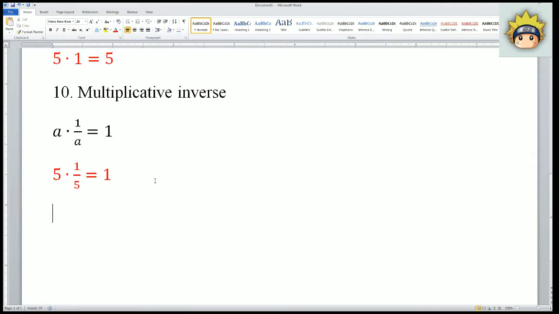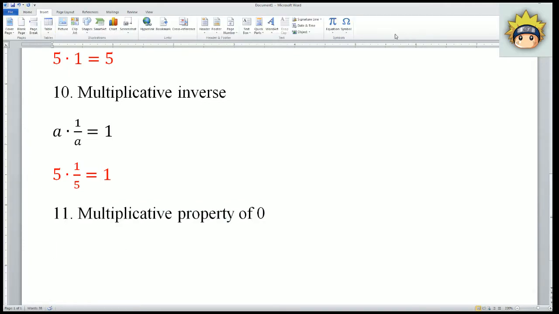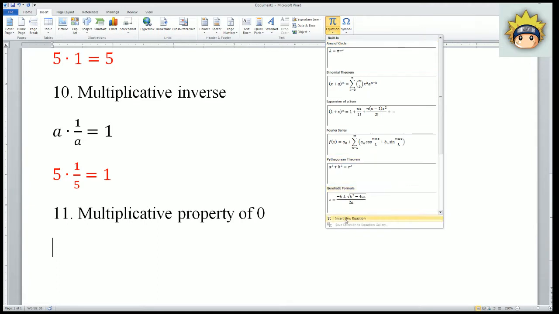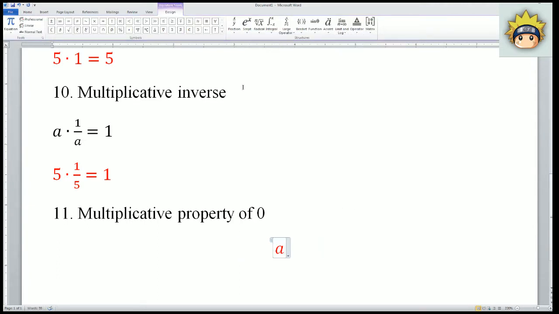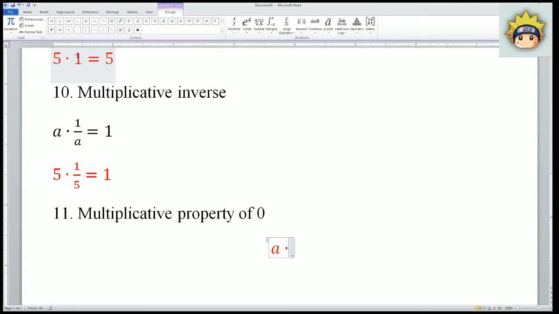Alright, so 11. Multiplicative property of 0. This means if I multiply anything by 0, it will get me 0. So A multiplied by 0 will get me 0.